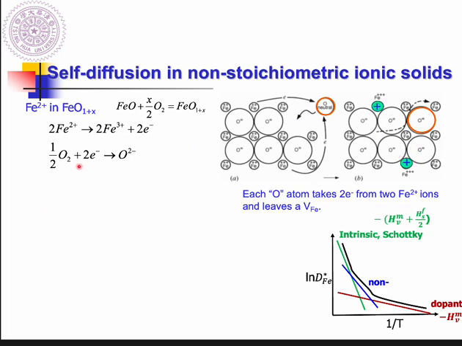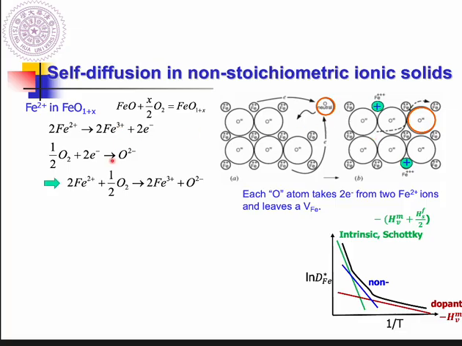So in order to write them down, you will have iron with two positive charge, then lose the electrons. These electrons are due to the iron moving to here and leaving the vacancy.